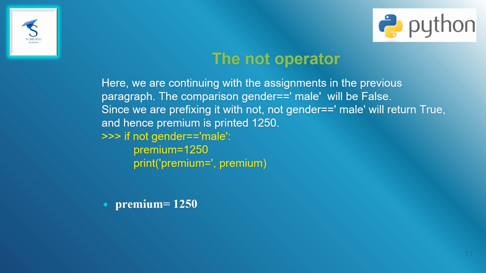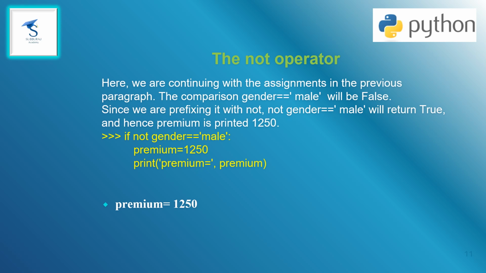So here we are combining with the assignments in the previous paragraphs. We are continuing here with the operators from before. Actually, we had given statements in the previous slide, so those statements hold here also.